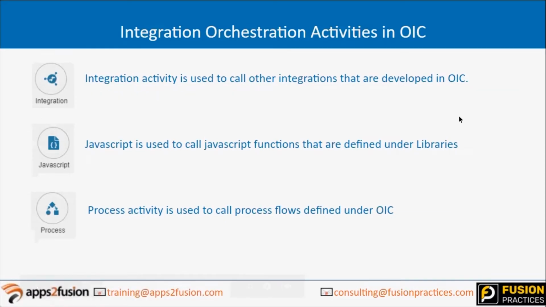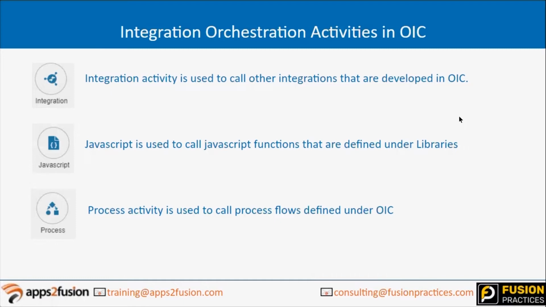Right. Now, moving ahead to the next set of activities, integration activity is if you want to call an integration which is already developed inside the OIC, go ahead and call this. What we usually do for very big integrations like customer suppliers or AP invoices or AR invoices or receipts is try to break the flows.